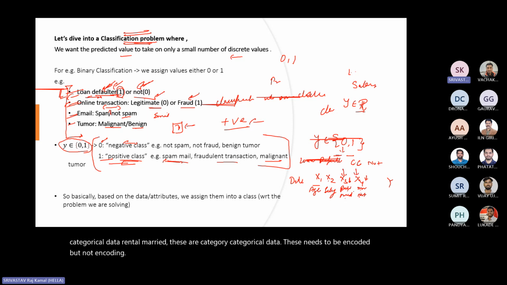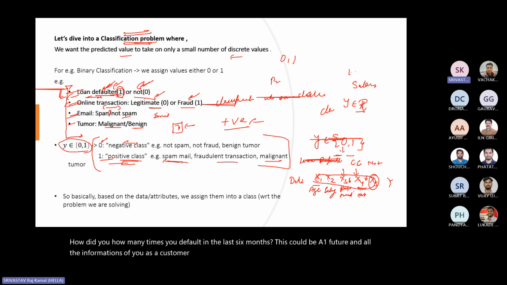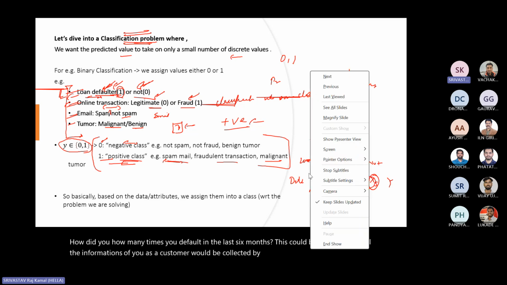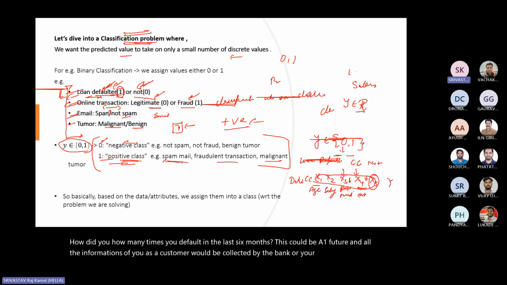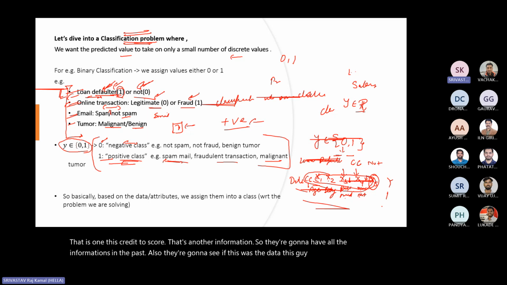Salary is already discussed. How many times did you default in the last 6 months? This could be one feature, and all the information about you as a customer would be collected by the bank. Or your credit score, that is another piece of information. So they're going to have all the information from the past. Also they're going to see that if this was the data, this guy defaulted, and if this was the data, this guy did not default.